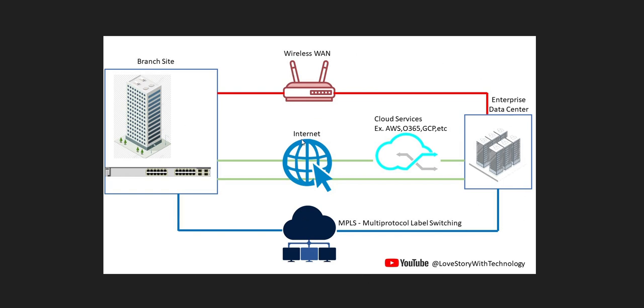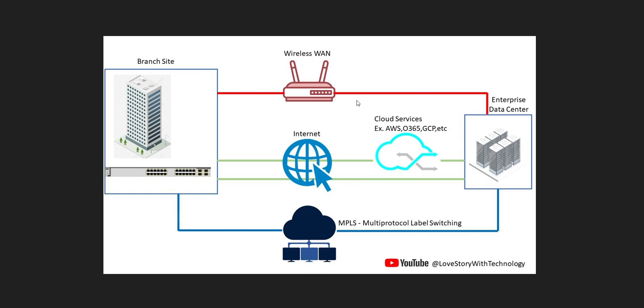Here you can see the internet, MPLS is here, your wireless WAN is here, your cloud services are also connected to the infrastructure, your own server rooms or third party data center are also connected here, and your branch locations are also connected here. This diagram provides you central network management securely without any interruption, and it improves your user work experience as well.